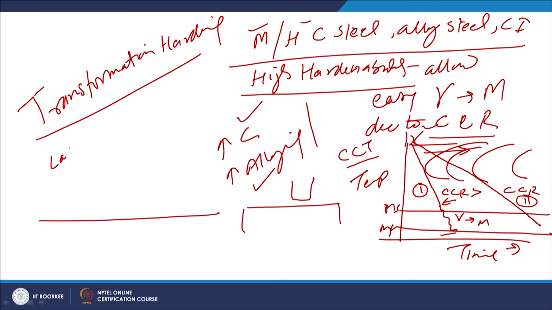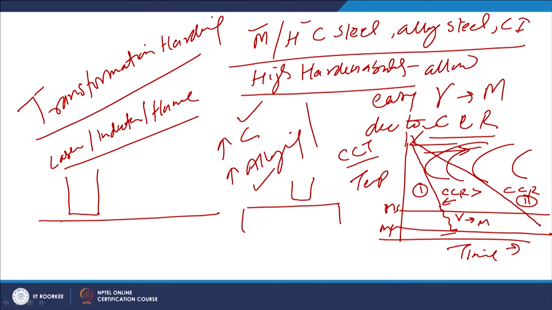The heat source may be in the form of laser, induction heating, or flame. In these methods, the source is applied onto the surface so that near-surface layers are heated to the austenitic temperature range, which is again a function of the composition of the steel. About the composition of the material, I will talk in the next slide.